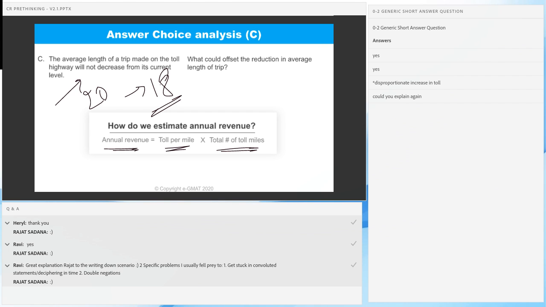That's absolute truth, right? If the average length of trip goes down from 20 miles per trip to 18 miles per trip, so there's about a 10% reduction over here, then what if you have 20% more trips? You could possibly have 20% more trips to compensate for that. So it is not required that the average length of trip remains the same. It's not a must be true statement.